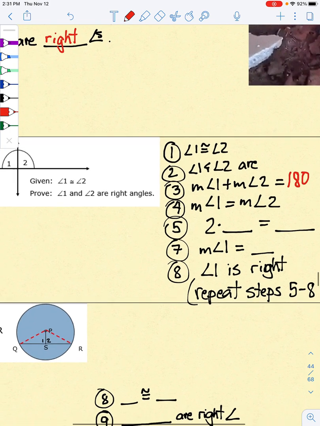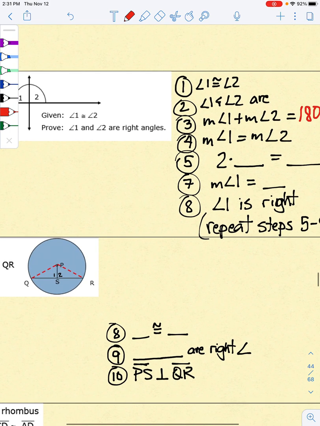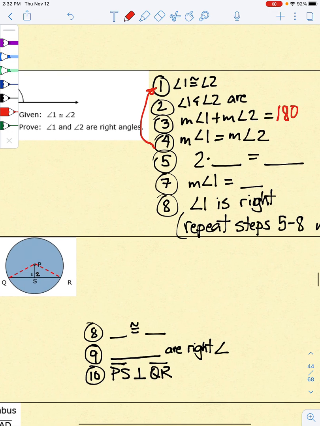Number 4, got to get that video of those mice out of the way. We know that the measure of angle 1 equals the measure of angle 2, and that is coming from line 1. That is the definition of congruence. Okay? So, line 5. Well, if that's the case, then I can substitute, right? I can put 1 in for 2, or 2 in for 1.